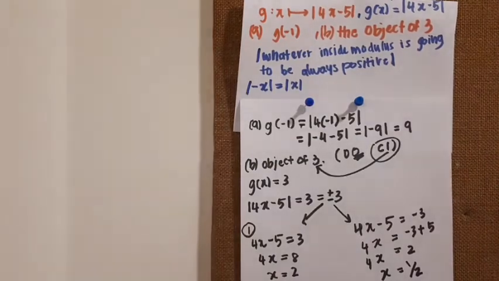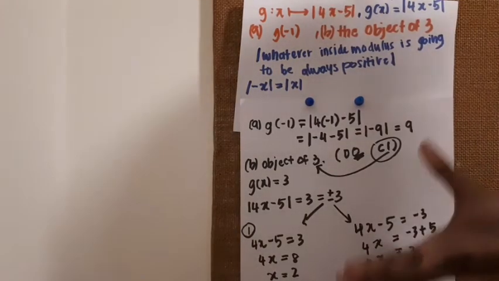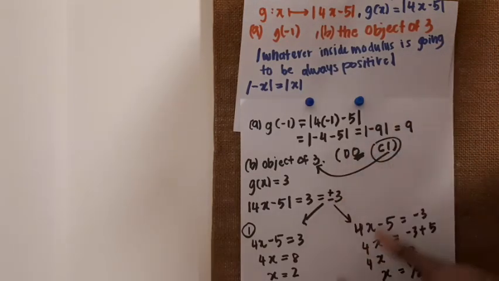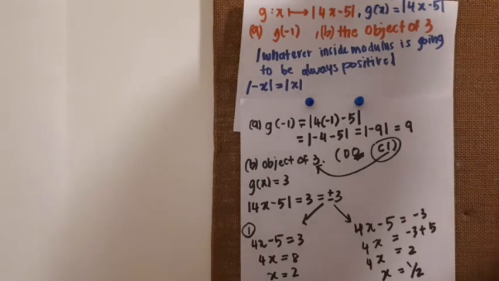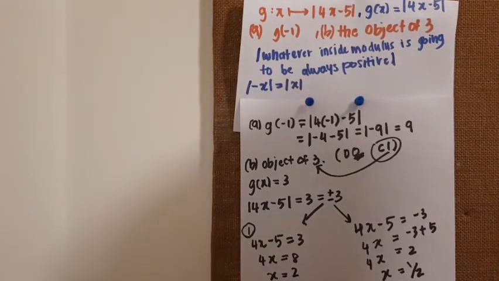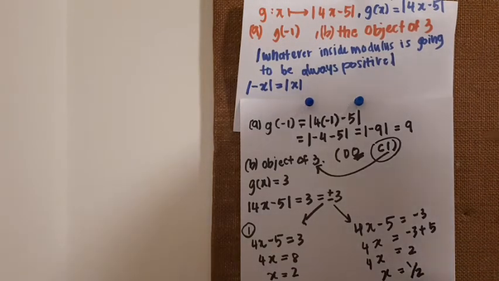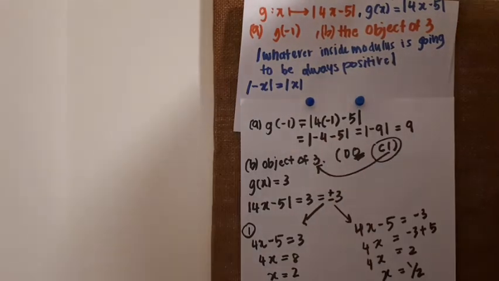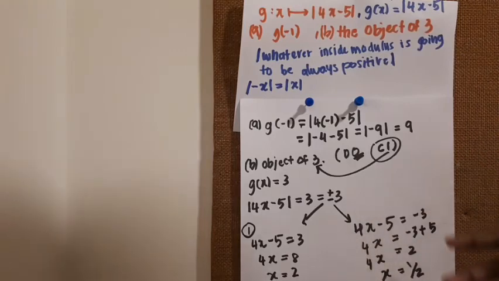Mainly because of the modulus part, we can always get a positive or negative input. Hopefully you guys understand what I'm trying to say, because this is kind of confusing. Let me explain again.